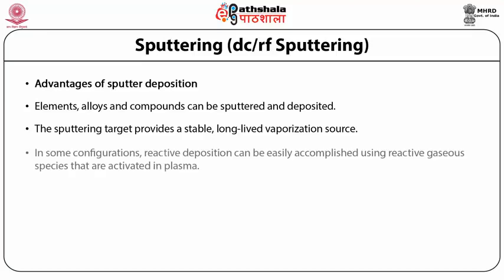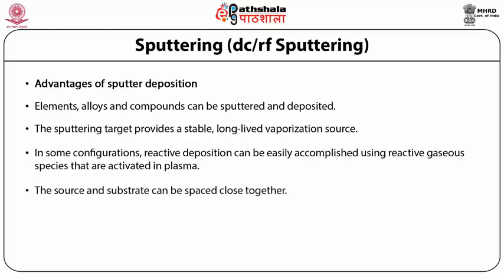Thirdly, in some configurations, reactive deposition can be easily accomplished using reactive gases, species that are activated in plasma. Next, the source and the substrate can be spaced close together. Next, the sputter deposition chamber can have a small volume.